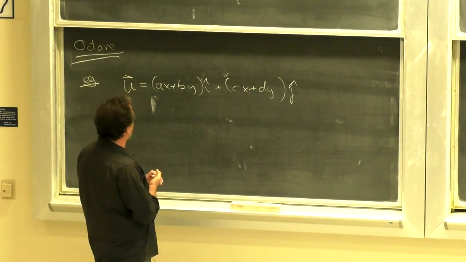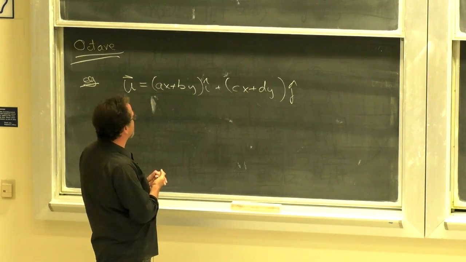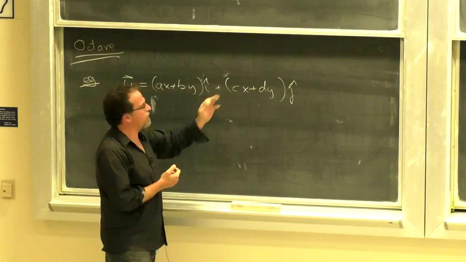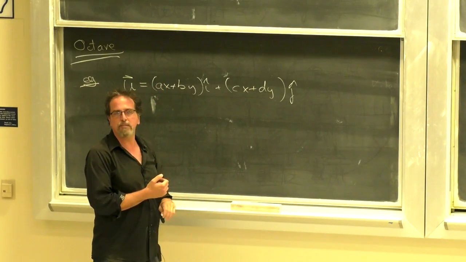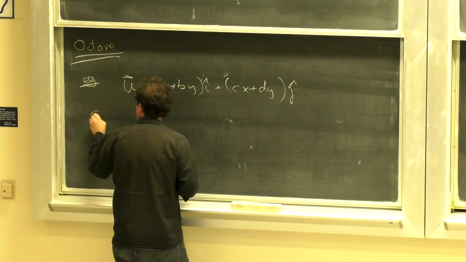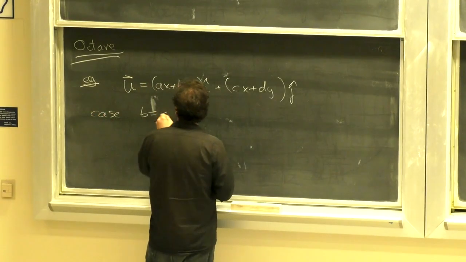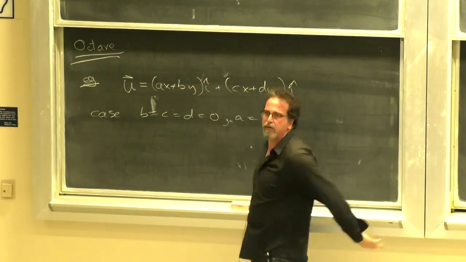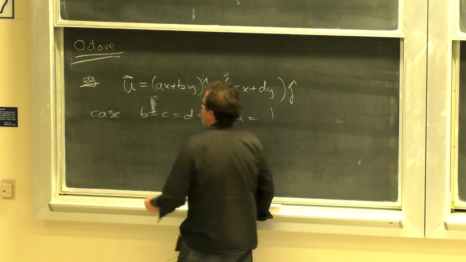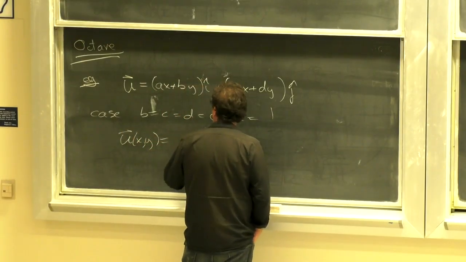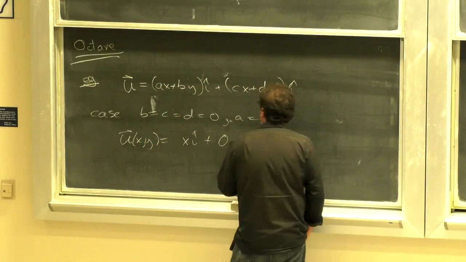So how about I do the simple case, b, c, d equals 0. So case b equals c equals d equals 0, a equals 1. Okay? This is how we gain intuition about the world. So u of x and y is equal to x i hat plus 0 j hat.